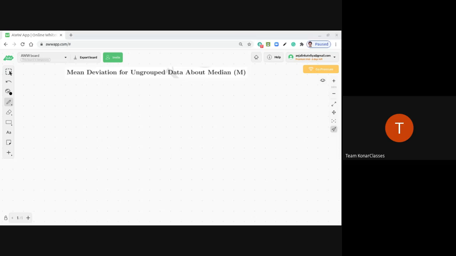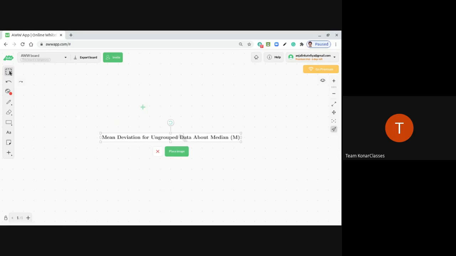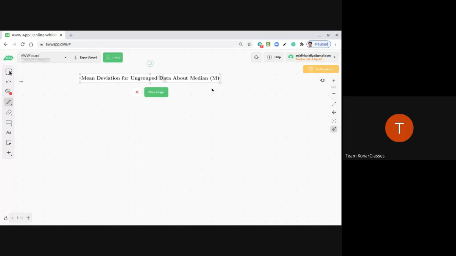Now, as you see the word median, we need to deal with the median of those data.